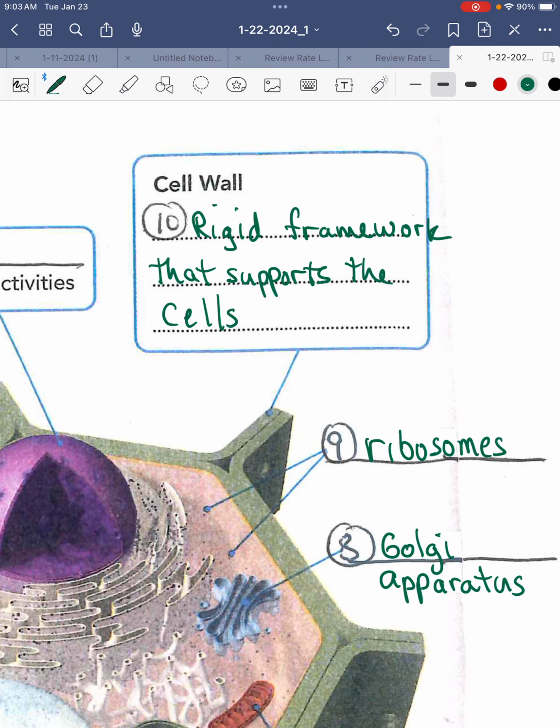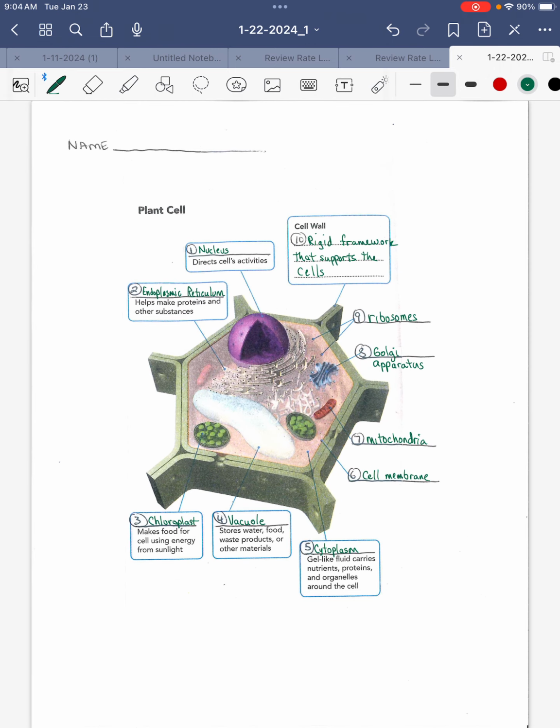It sort of serves as the skeleton for the plant. It's the part that remains. Wood is mostly cell walls from cells that are no longer alive. So that is the plant cell.